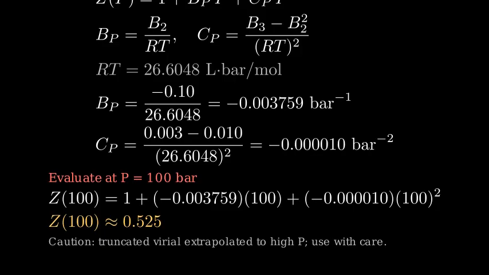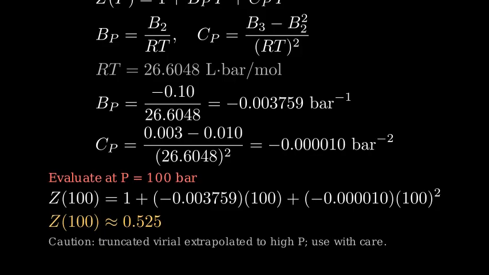Let us compute. RT equals 26.6048 bar liter per mole. B pressure equals B2 over RT equals minus 0.100 over 26.6048 equals minus 0.003759 per bar.